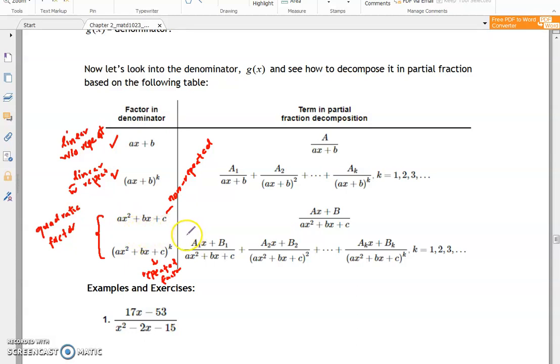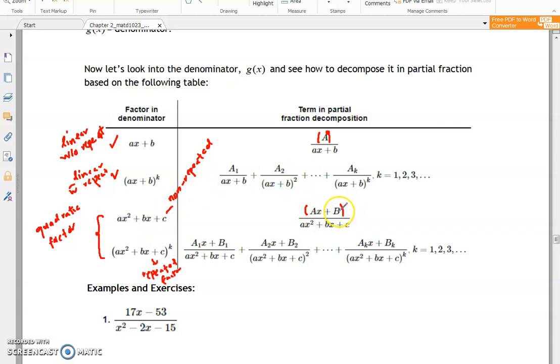So in order for us to deal with a quadratic function, our numerator will be ax plus b. It's no longer a single value. If you see here linear, we are going to have a single a, b, c. But here, when we deal with a quadratic factor, we are supposed to use ax plus b.